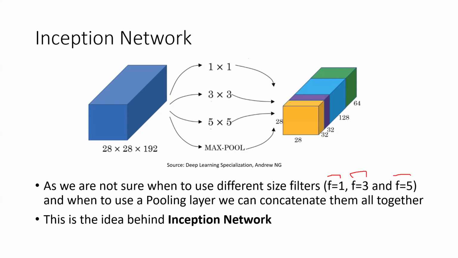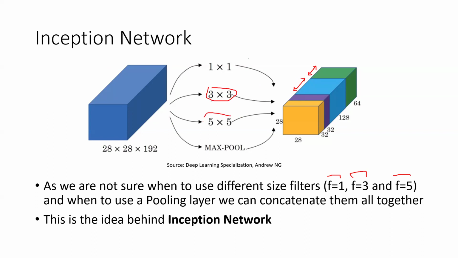So in inception net, what they do is they apply all the filters. Say you get the input tensor like this. We apply a 1x1 filter and get the green color part of the output tensor. We apply the 3x3 filter on the same tensor and get this blue color tensor part.